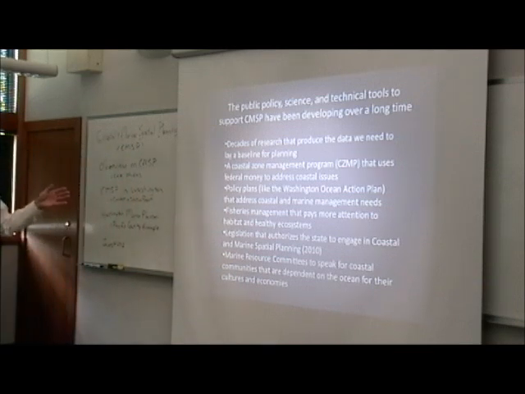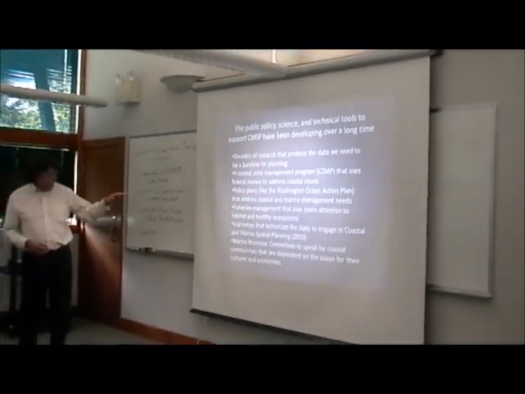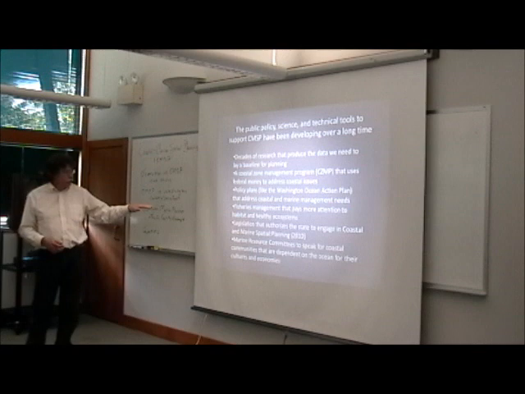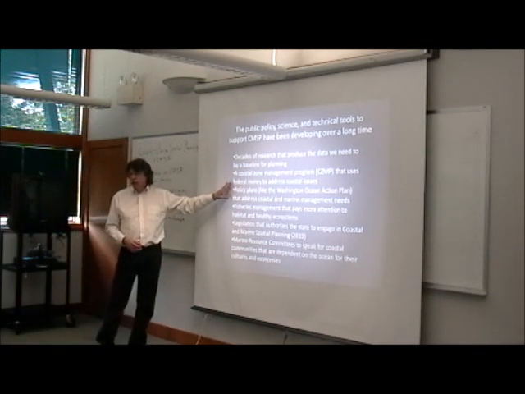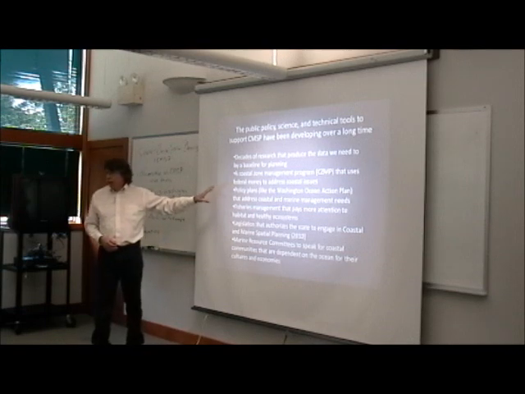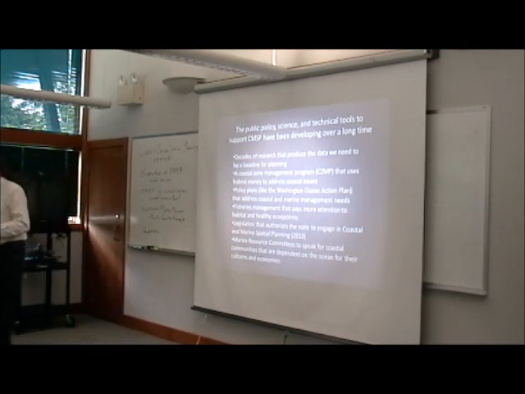A lot of things have happened in the state of Washington that now enable us to bring the coastal marine spatial planning into play and do a better job of managing our ocean resources. But it's only because we've done this work in advance that it makes sense now to be bringing coastal marine spatial planning into the fore.